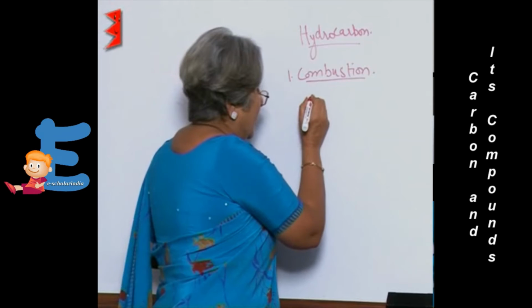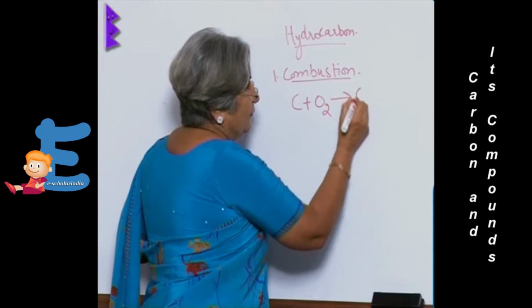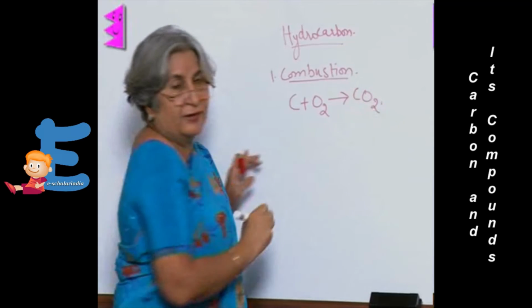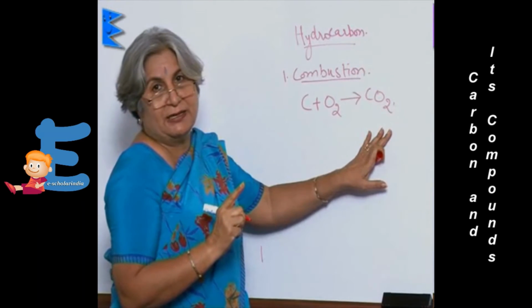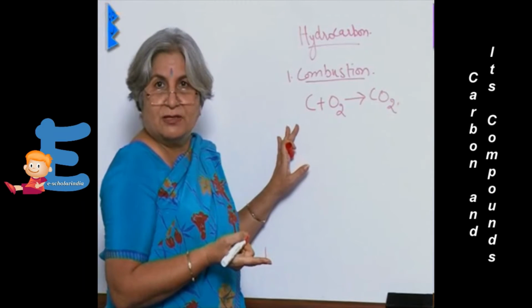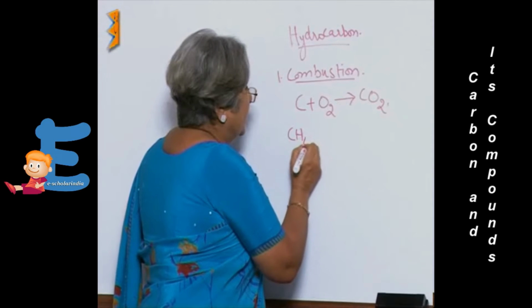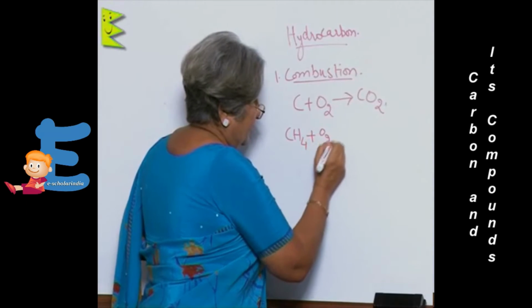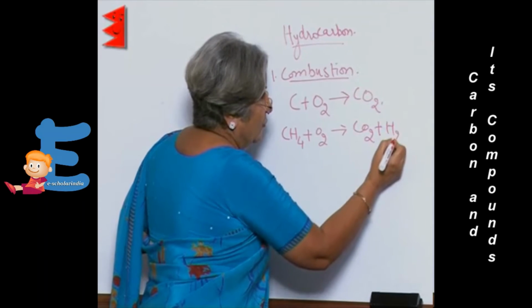So let us take the example of carbon. Carbon plus oxygen will form carbon dioxide. All non-metals can burn to form their respective oxides. So carbon also does the same. Then let us take the case of methane. This will form carbon dioxide and water.